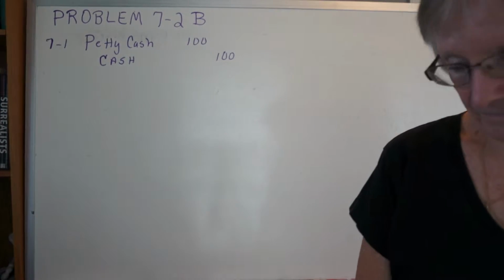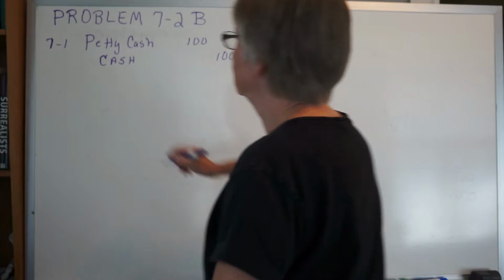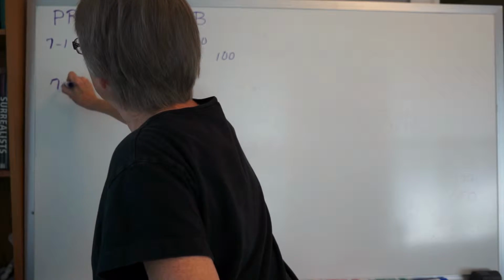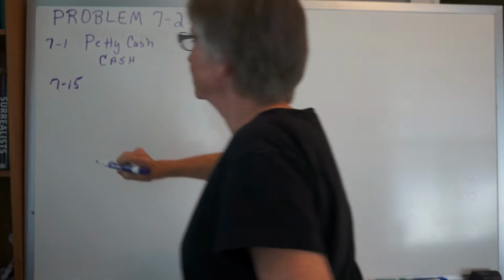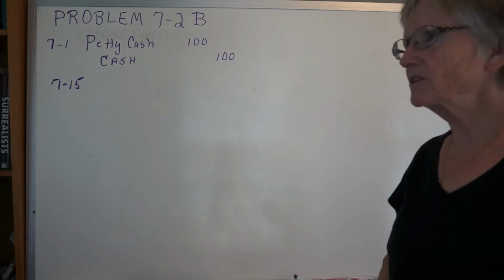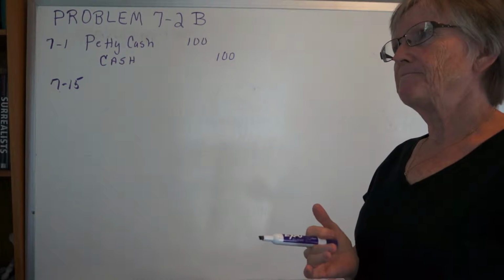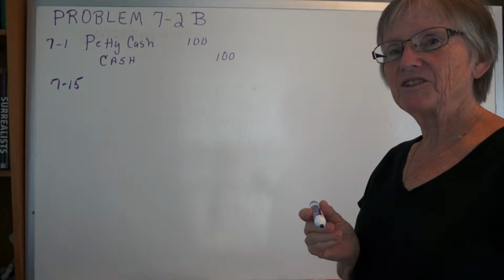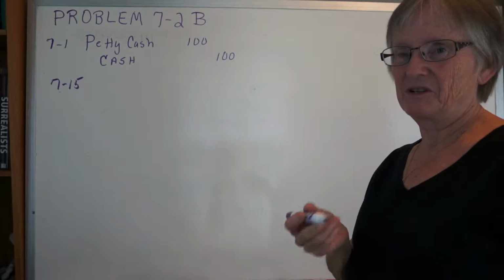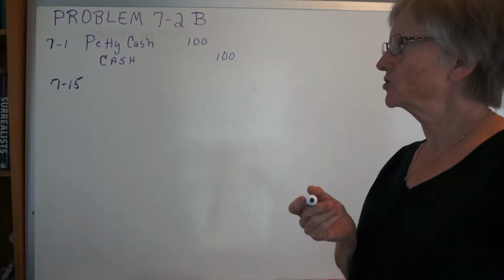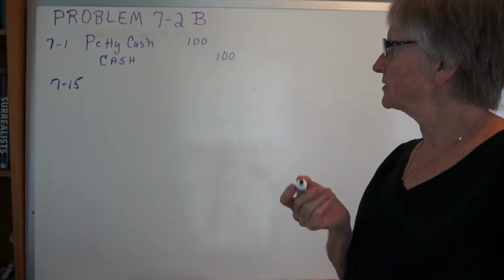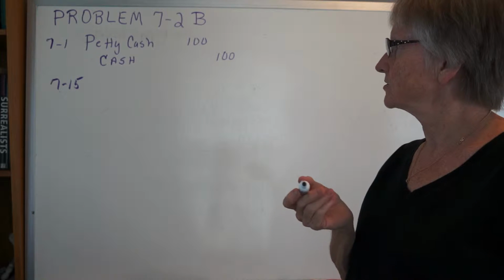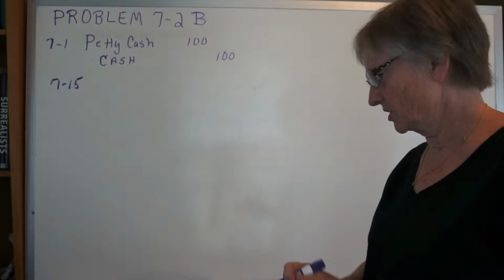Usually when you're doing a journal entry, you do all the debit entries first and the credit entries second. But with these journal entries for petty cash, it's really better to start off saying, well, how much cash do we need to get this fund back up to $100?